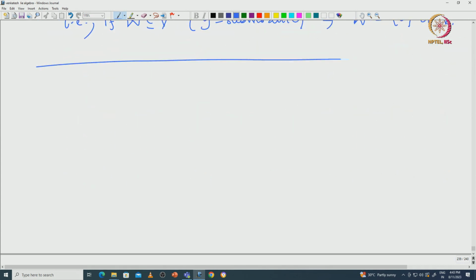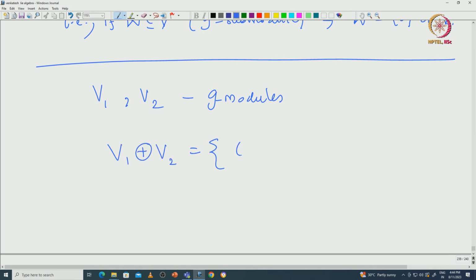So, like in all algebraic categories, you can also define the direct sum of G modules. If you start with V1, V2, both G modules, then we can construct V1 direct sum V2. That is the tuples (v1, v2) such that v1 comes from V1 and v2 comes from V2.